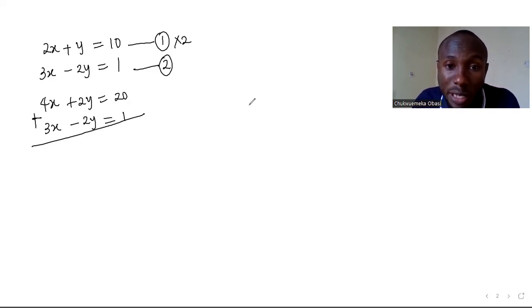Because 2y plus minus 2y gives me 2y minus 2y, which is 0. So the best operation to put right here is addition, because addition is going to make these terms go to 0.